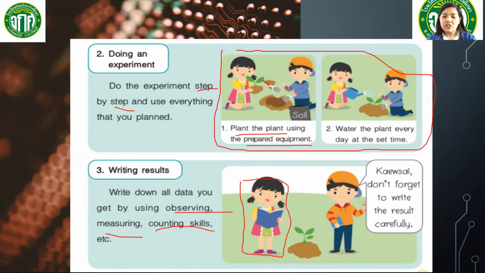As you can see in the picture, Keosai is writing all the data that she has got by observing, measuring, and counting. All right, so that is how we do writing results.